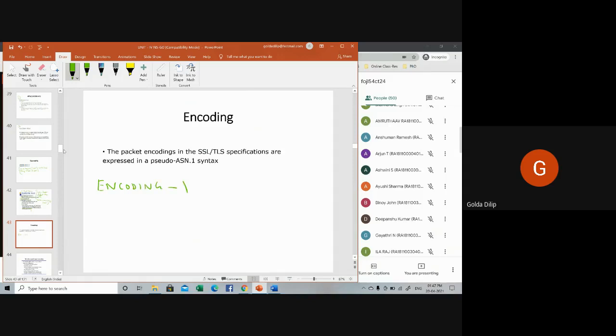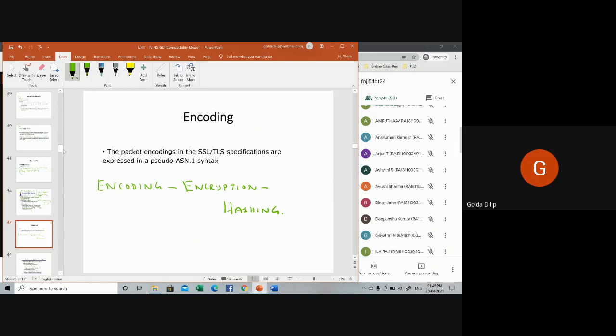Another one is encryption. And next is hashing. You would have noticed across the various units, I have used all these terminologies, especially encryption and hashing, in many places.